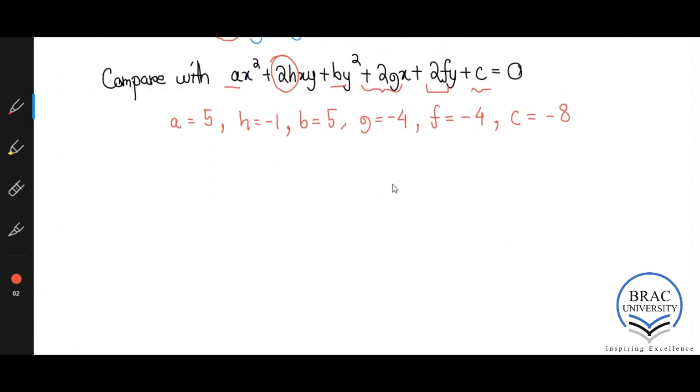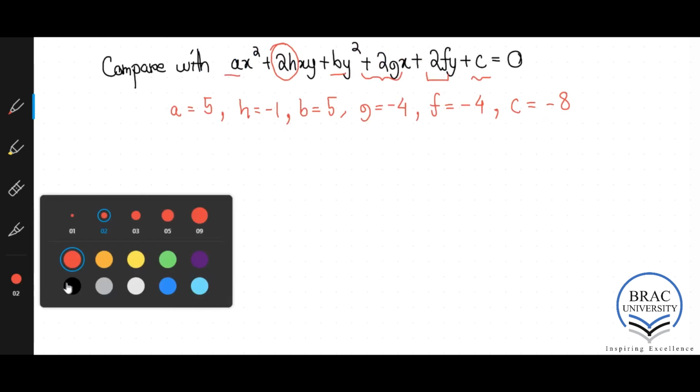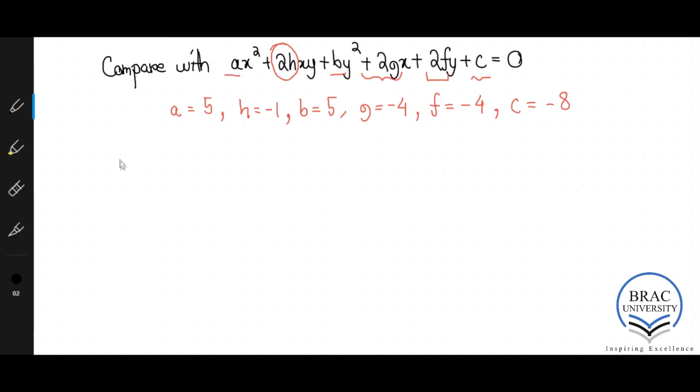Okay, so now that we have our quantities, we can go ahead and calculate firstly delta, the quantity we had defined. So delta, as you remember, is abc plus 2fgh, and there's an easy way to remember this, minus af squared, sorry, there should be a 2 here, minus bg squared, minus ch squared.